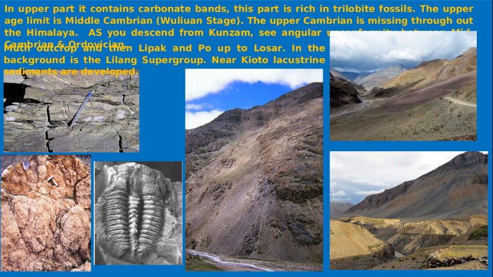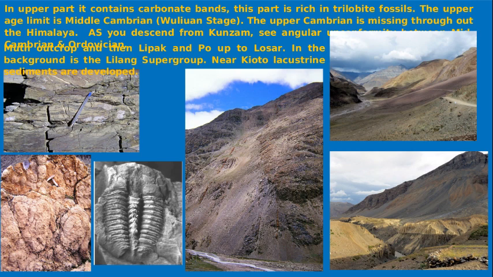And then I'm not following the stratigraphy here. I'm giving you the description of the rocks as we see during our travels. And then you see an angular unconformity between the Cambrian and Ordovician. You can see this Cambrian part is almost at 60 degrees, and the Ordovician part is just truncating over it.